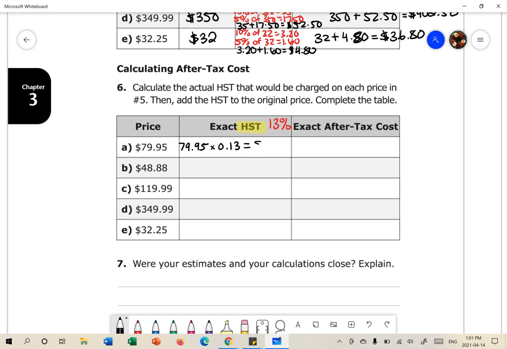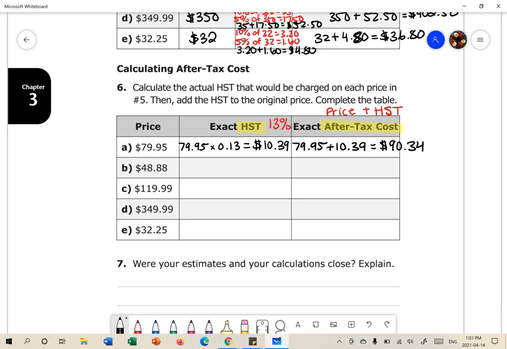So the exact HST is $10.39. So the exact after-tax cost would be my before-tax price plus my HST price, which is equal to $90.34.